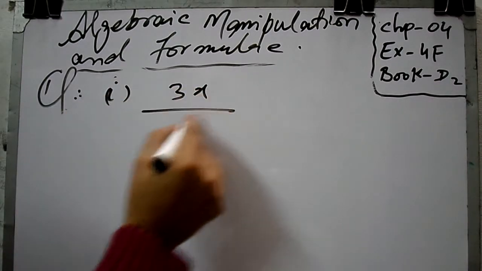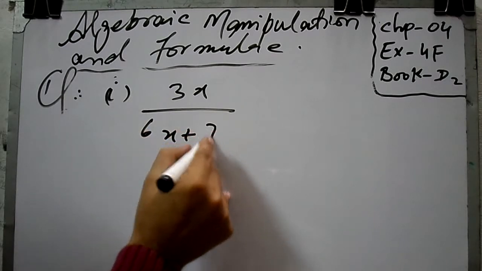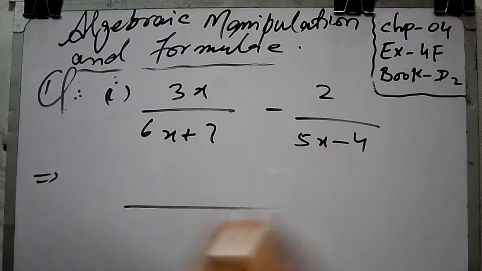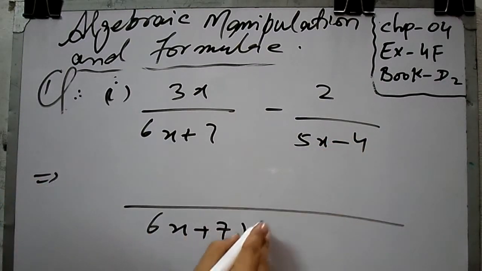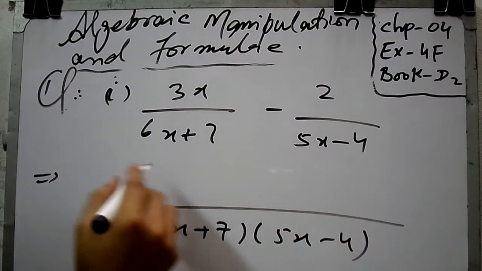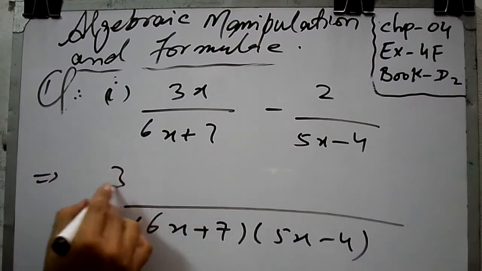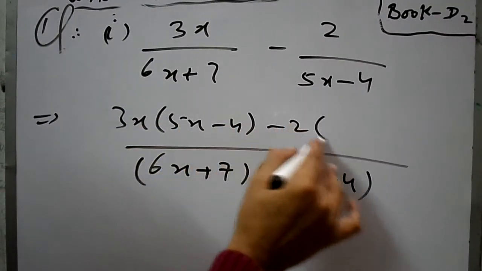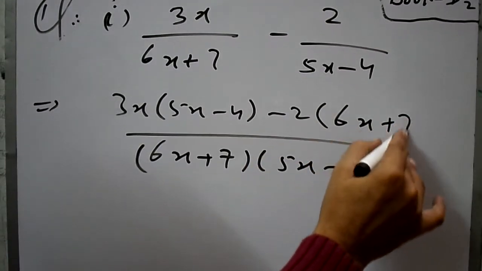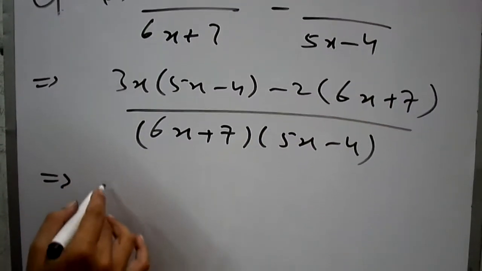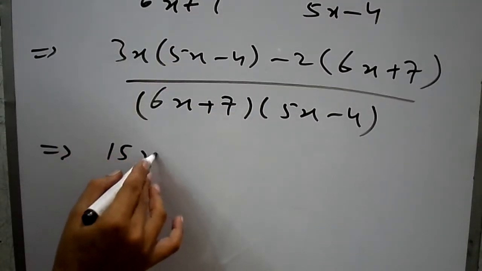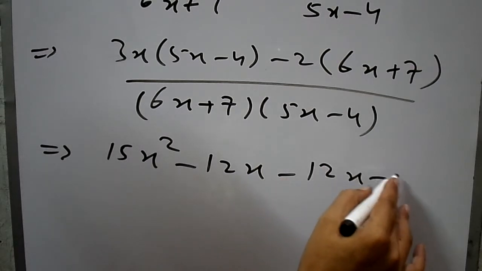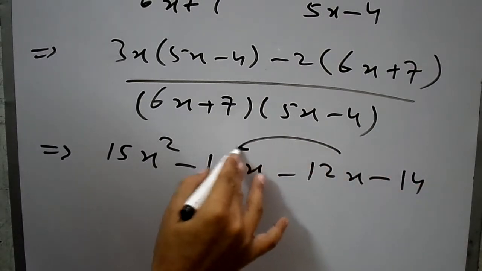3x divided by 6x plus 7 minus 2 by 5x minus 4. So it means taking the LCM, that is 6x plus 7, that is 3x into... after multiplication and simplification, similar terms will be added.